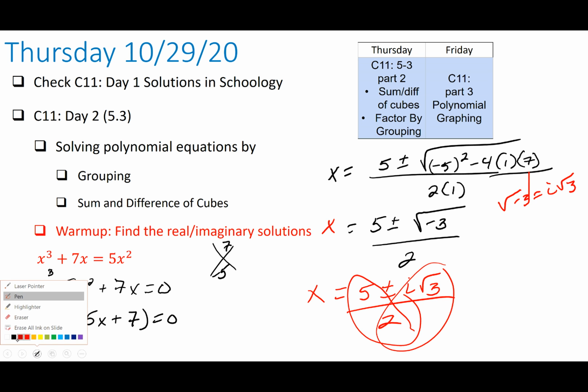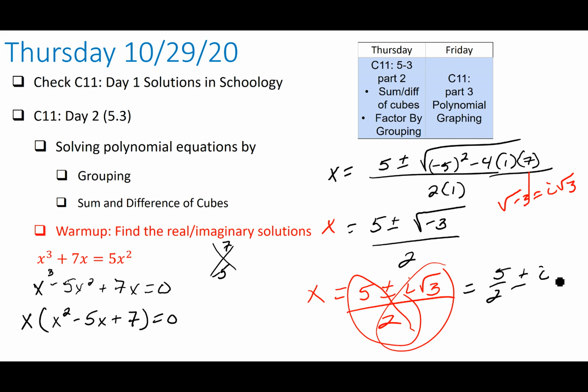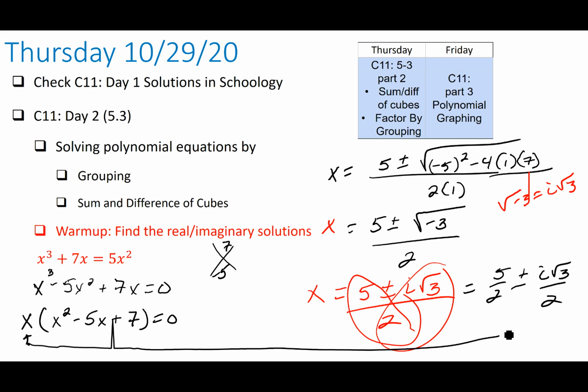And then I'd like to see a final answer of x being 5 halves plus or minus i root 3 over 2. And this x over here, do not forget it. This x right here, also x is going to be 0. So x will equal 5 halves plus or minus i root 3 over 2, and also 0.